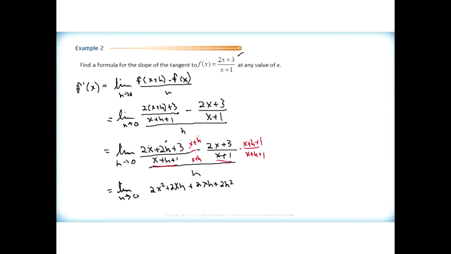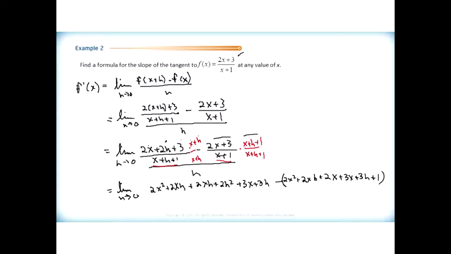And then multiplying by 3, I'll have 3x plus 3h. Okay, and then I have to subtract from that what I get when I multiply these guys together. So that's going to be 2x squared, and then plus 2xh. Oh, I need a bracket there because I'm subtracting all of it. So plus 2xh, and then we have to say plus 2x, and then plus 3x, 3h, and 1.